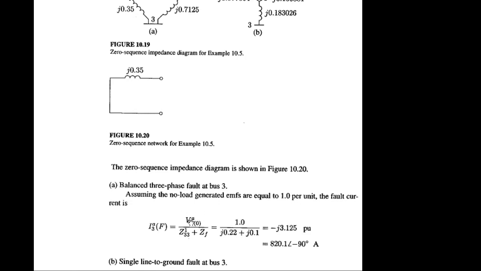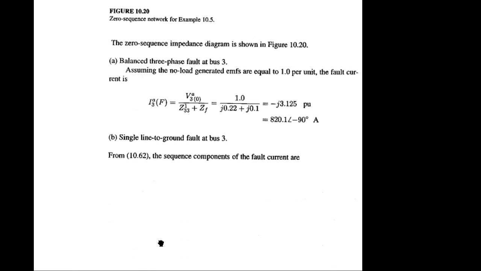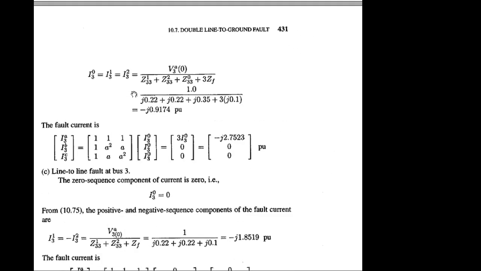V3, it might be V3 other phase also. Because we have fault at phase A, we have considered that scenario, and that will have the indication of fault current. Then second scenario, the single line to ground fault at bus 3, the derivation response.